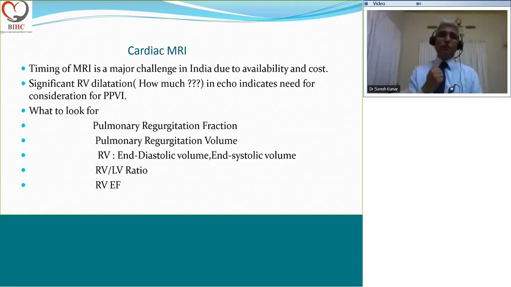And once the patient is going for MRI, we look for things like pulmonary regurgitation fraction and volume, RV end diastolic and end systolic volume, the ratio between RV and LV volumes, and the RV ejection fraction. We are going to define criteria based on this.